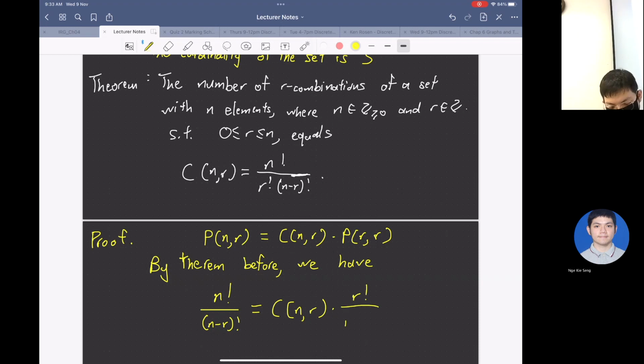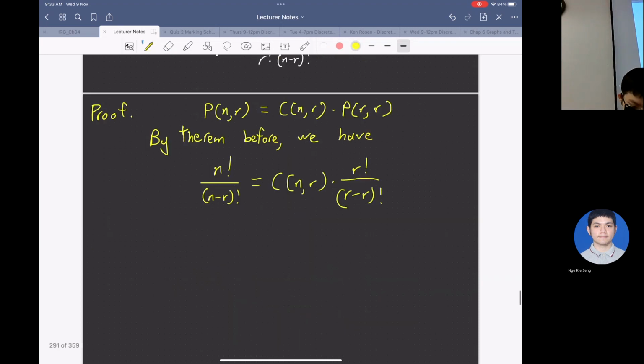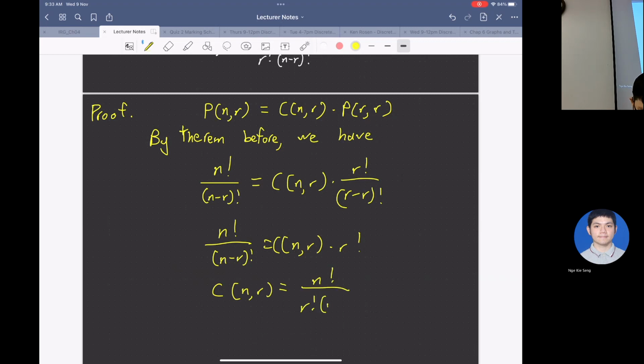It's r factorial over (r minus r) factorial. What is (r minus r) factorial? It's 0 factorial, and 0 factorial is 1. Which means C(n, r) is equal to n factorial over r factorial times (n minus r) factorial.